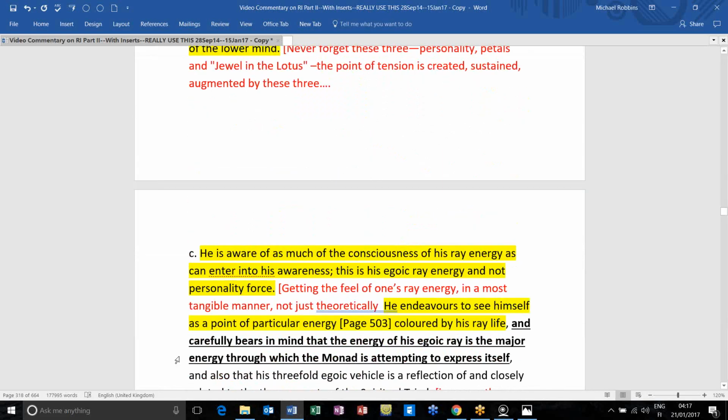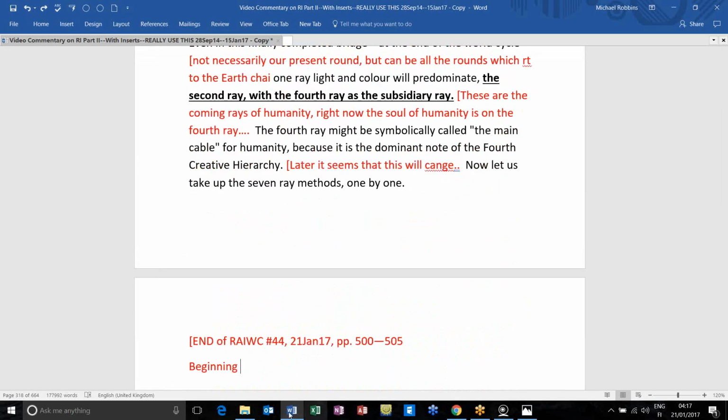It's kind of the middle of the night here, but we'll see. Maybe we'll continue. 45, and this will still be the 21st of January 2017, and we'll really start with page 506 because it's the very end.